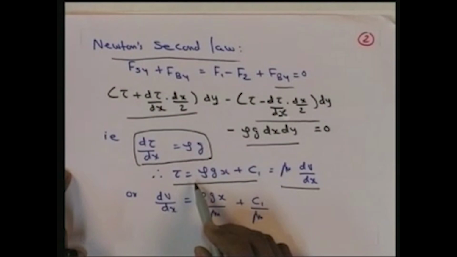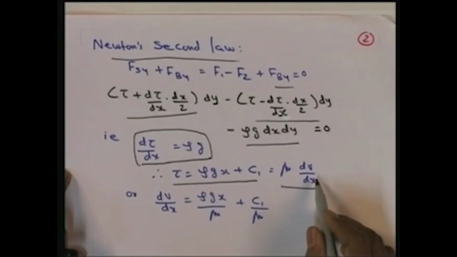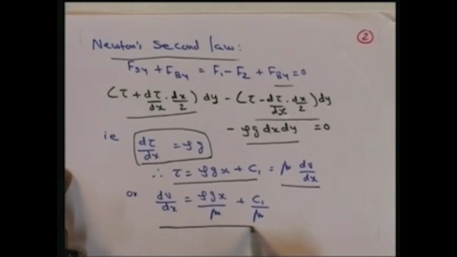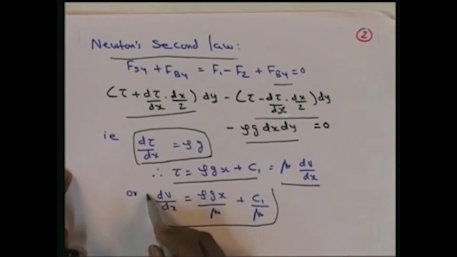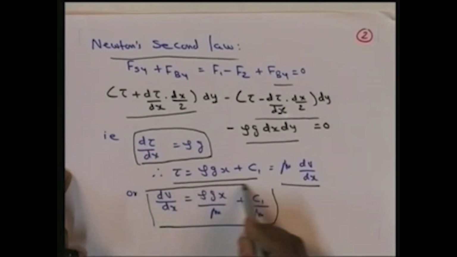So, tau is equal to rho g x plus c1, that is equal to mu into dv by dx. So, finally we can write dv by dx is equal to rho g x by mu plus c1 by mu.